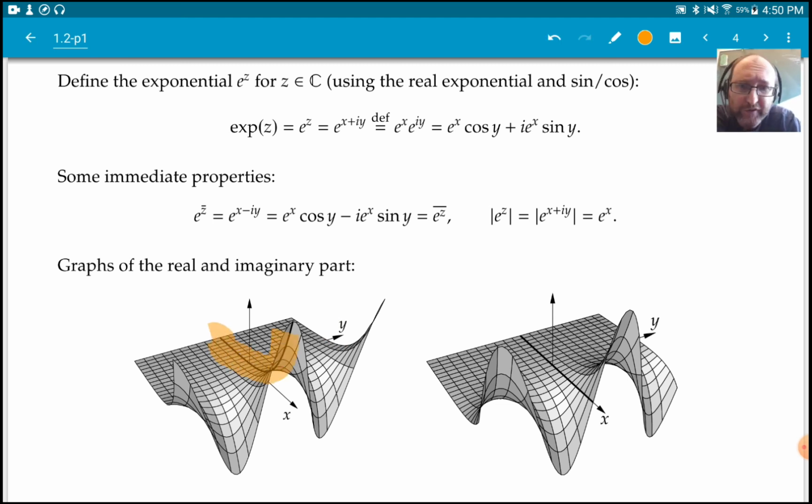So you can see over here, if I look at the real part, I see this nice shape, the classical shape of the exponential. And over here, I see just 0. Well, that's immediate from these formulas. When y is 0, it's just e to the x, and there's no imaginary part. It is real, just what I would want to happen, because if z is real, I really want to get the same thing as I'm getting for the real exponential.